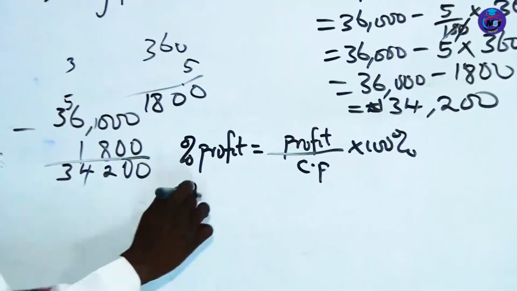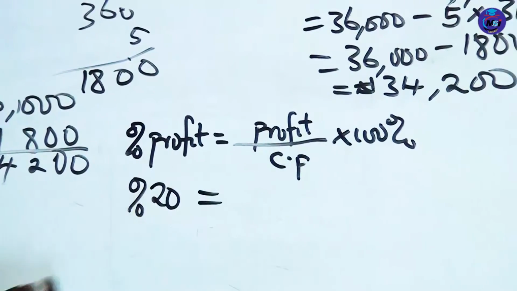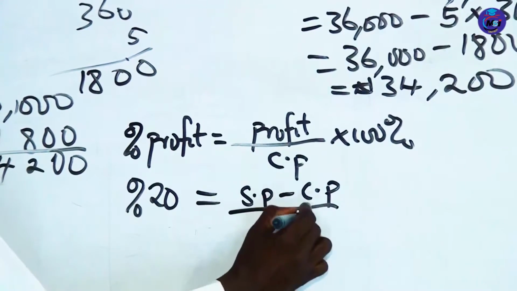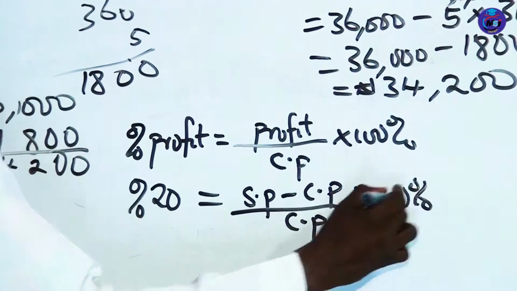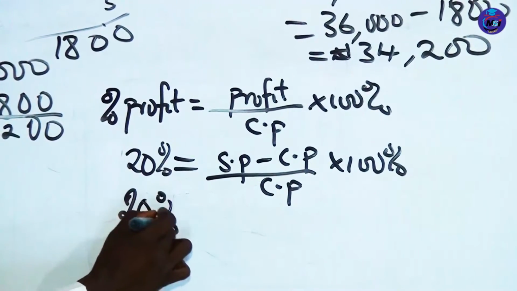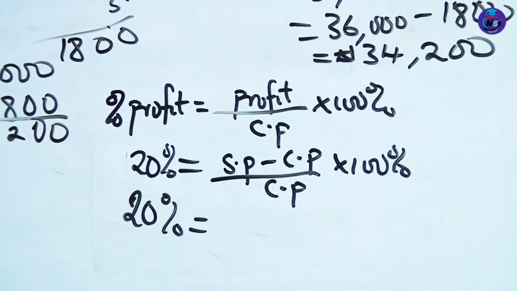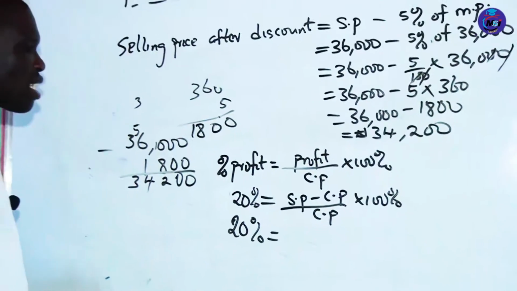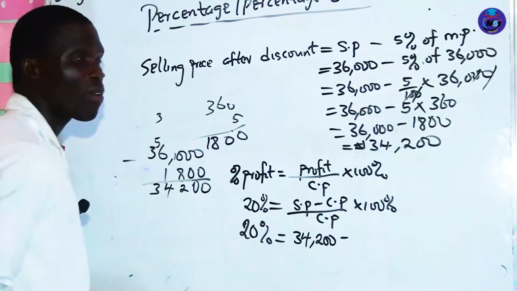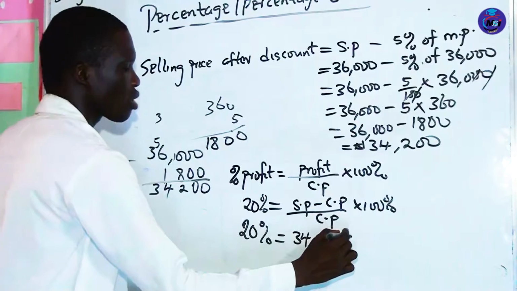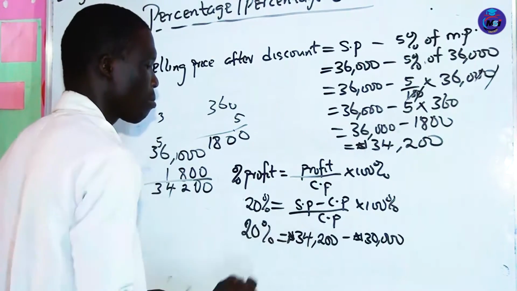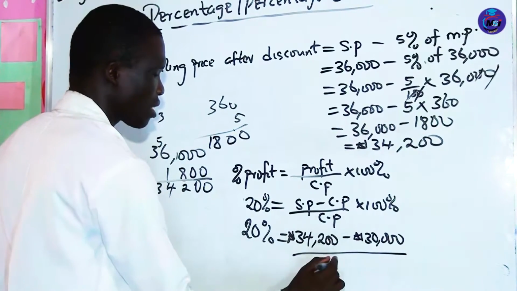Profit is selling price minus cost price, divided by cost price, times 100%. Our selling price is 34,200. Remember, we found the cost price, and the cost price was 30,000 naira. Divided by cost price, which is 30,000 naira.